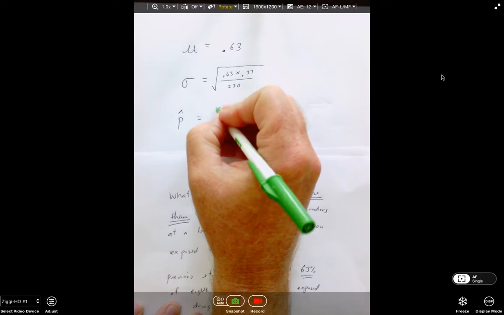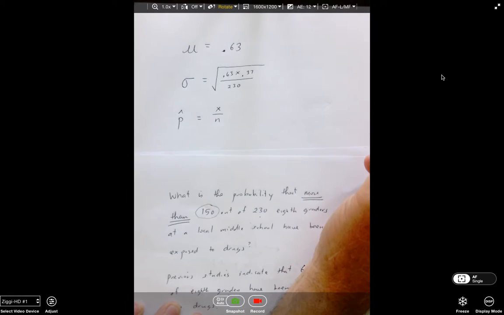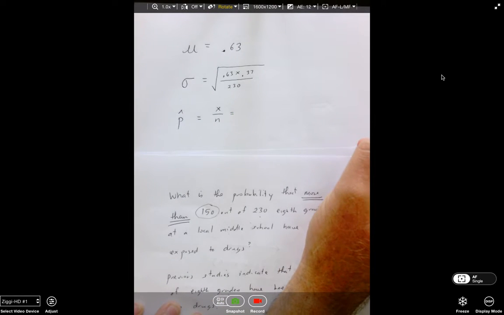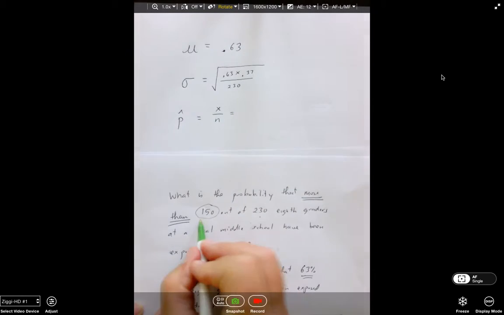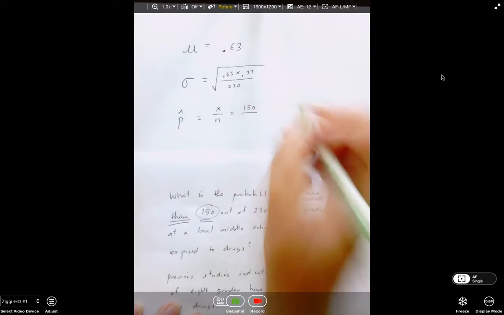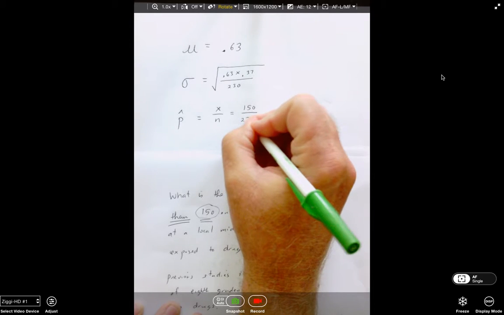P hat is the count out of the whole that has the characteristic that we are measuring. We found out that 150 of these kids out of the 230, you can put this in our calculator.